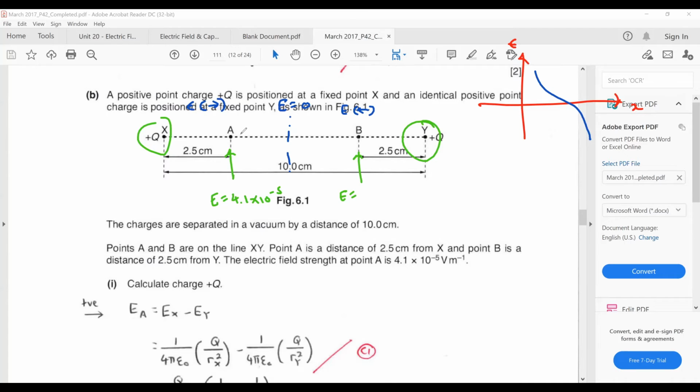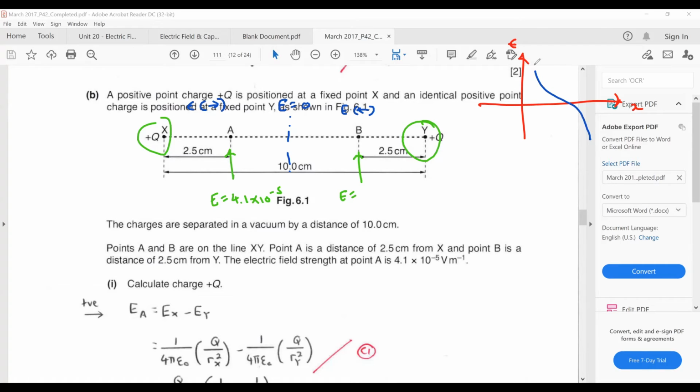Simply because at one side, one of the E will be larger than the other, and on the other side, the other E will be larger. So you should recognize that when you put a positive test charge, depending on where you move, the electric field strength direction will actually change. There'll be one point which is 0, one point where it's in one particular direction, and on the other side, it'll be in the opposite direction. So then the graph shape will look like this, right?